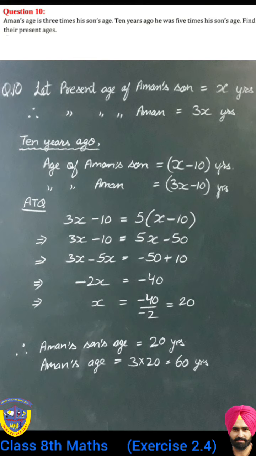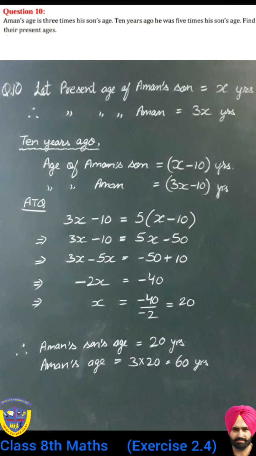So first of all we will find their age 10 years ago. 10 years ago the age of Aman's son was x minus 10 and the age of Aman was 3x minus 10. So according to the question, the condition 10 years ago, the age of Aman was equal to 5 times the age of his son. Okay.